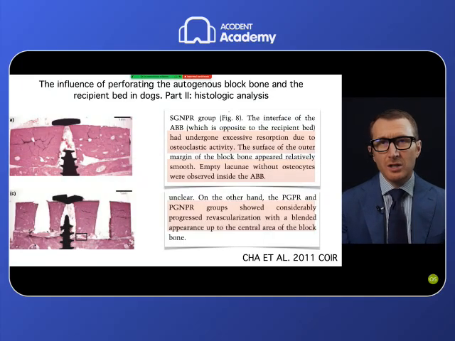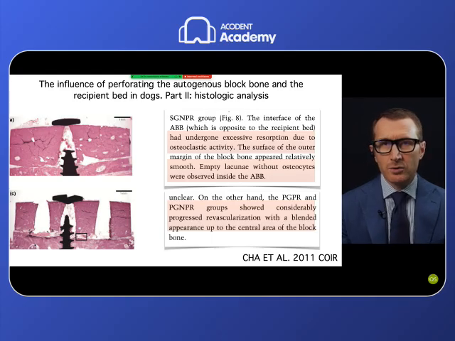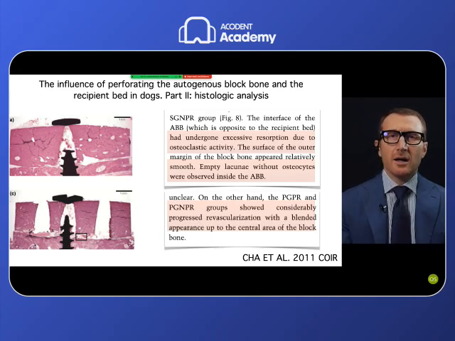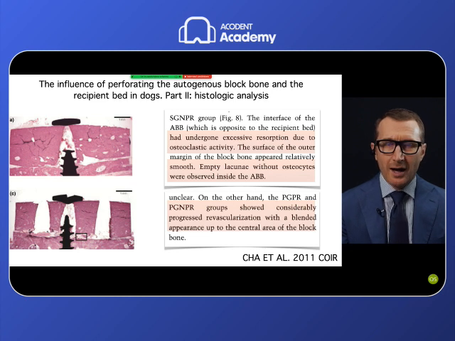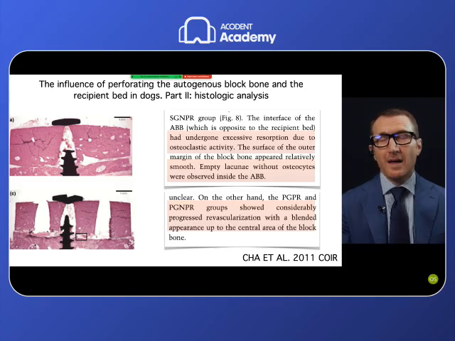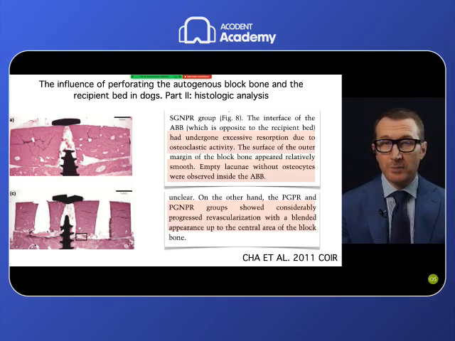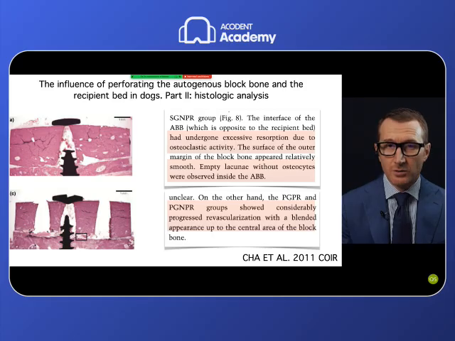So using a cortical bone block from the ramus or from the chin area, as it comes out after the harvesting, could be the worst scenario from a vascular point of view and from a regeneration point of view, even if it's autogenous bone.